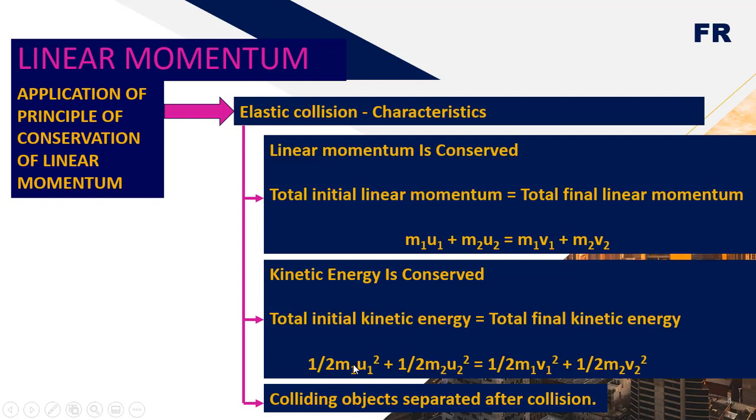So the total initial kinetic energy, half m1 u1 squared plus half m2 u2 squared, is equal to the total final kinetic energy, that is half m1 v1 squared plus half m2 v2 squared. That is the second characteristic. For the third one, the colliding objects involved in an elastic collision are separated after the collision.